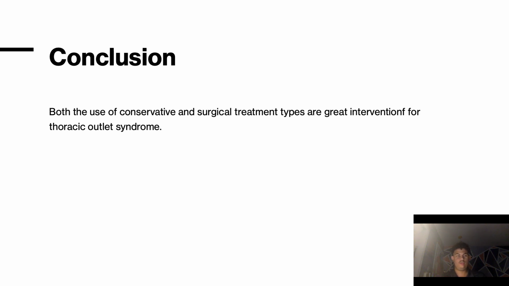We can help reduce signs and symptoms and return their arm to functional capacity. But based off of a lot of the findings and a lot of the articles, if we want long-term improvement, the best form of treatment is to get a surgical procedure done.